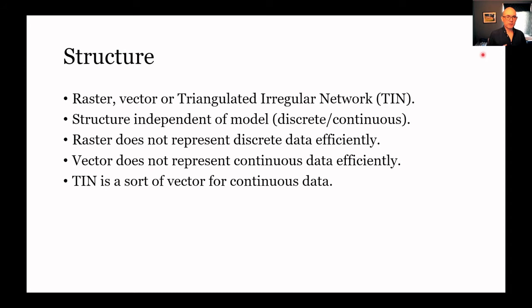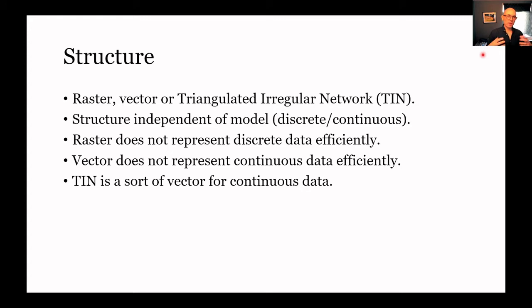I've mentioned the concept of raster and vector, and I mentioned the thing with triangulated irregular networks. And there's a connection between these, this structure, it relates to whether it's discrete or continuous, but it's not concrete. It doesn't have to be that way.